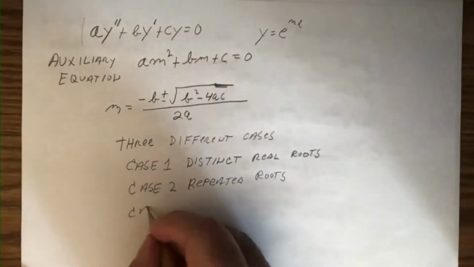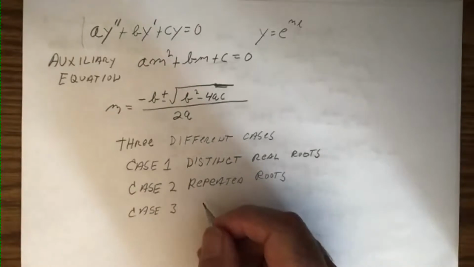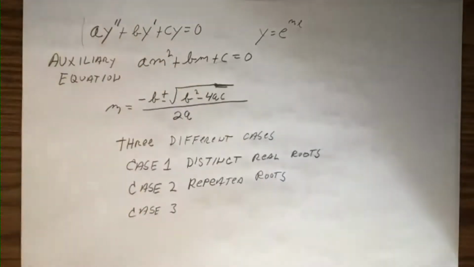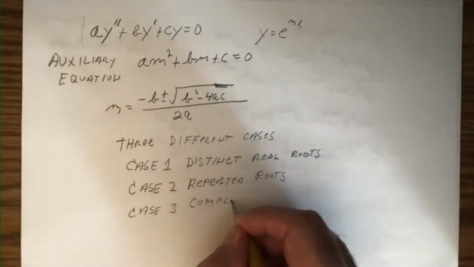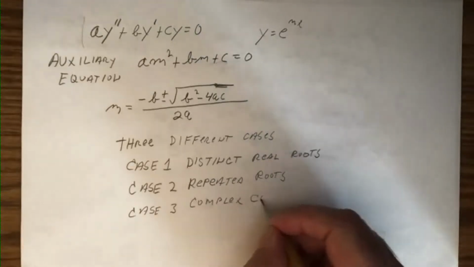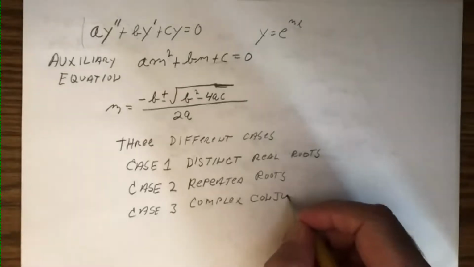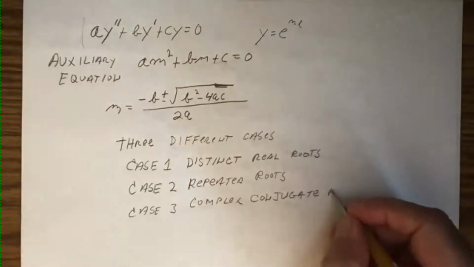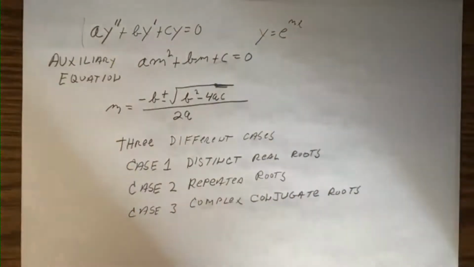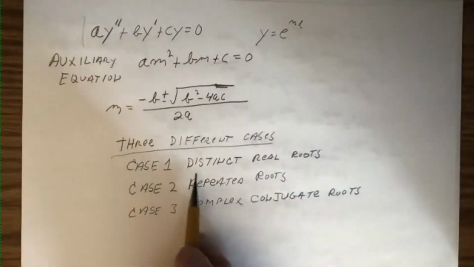And case three is where the roots turn out to be complex conjugate roots. So those are the three different cases. What we just did was distinct real roots.